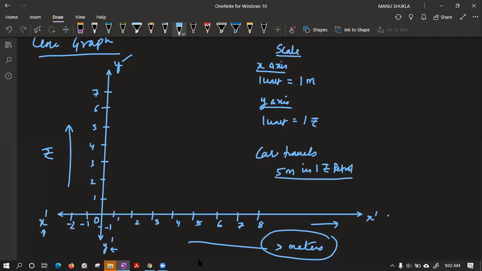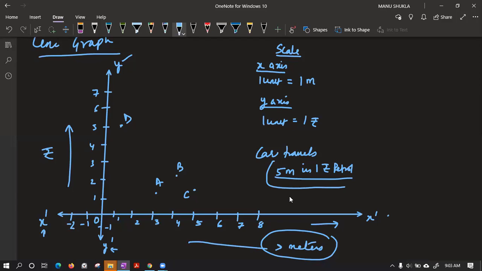Class, tell me, out of these points A, B, C, D, which point exactly shows this condition, that the car travels 5 meters in 1 rupee petrol? Very good, Himanshu.